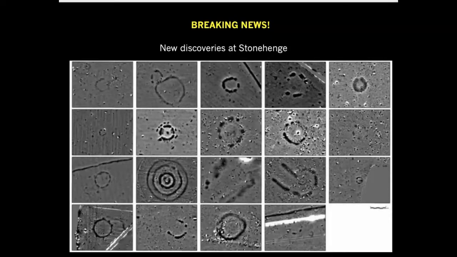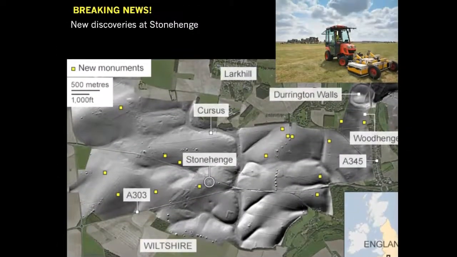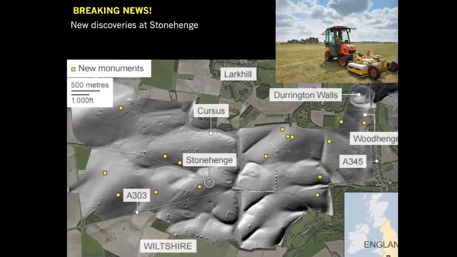These are undiscovered sites, and archaeologists have now identified and prioritized these as new archaeological sites, which hopefully will provide us with a few more pieces of the puzzle in understanding not only the purpose of Stonehenge, but the people who built Stonehenge.